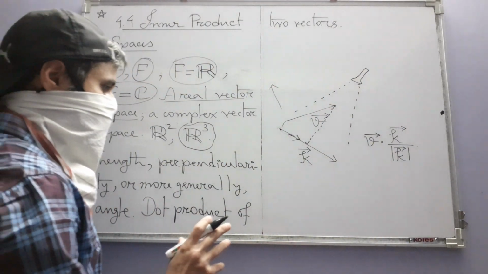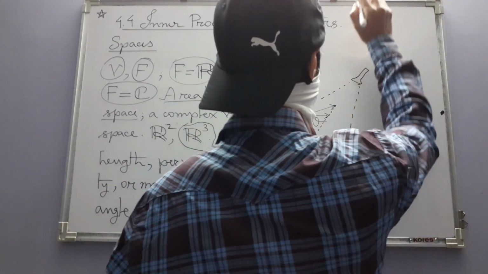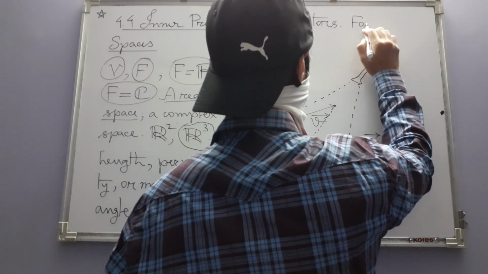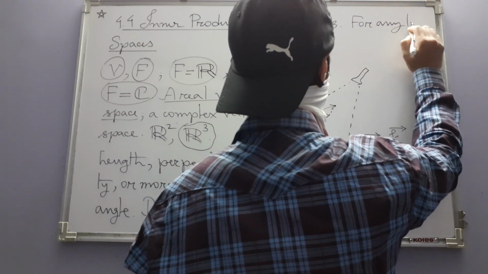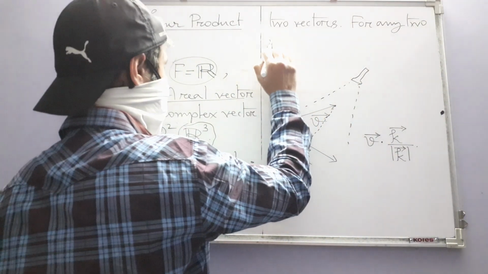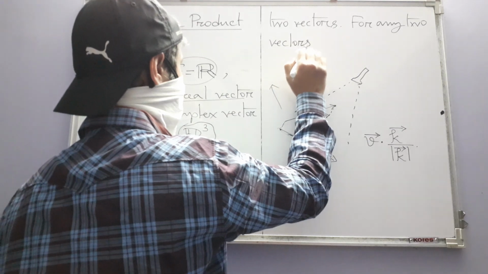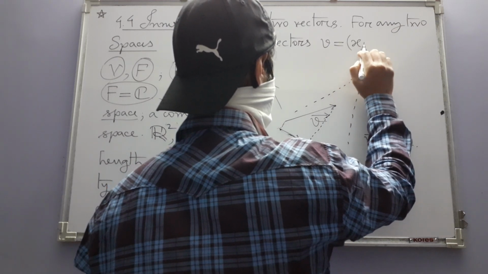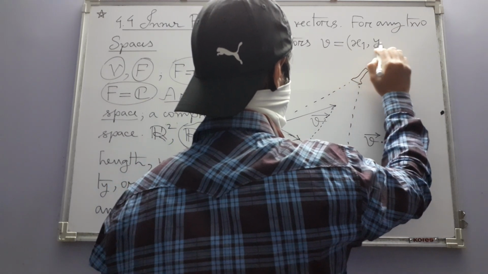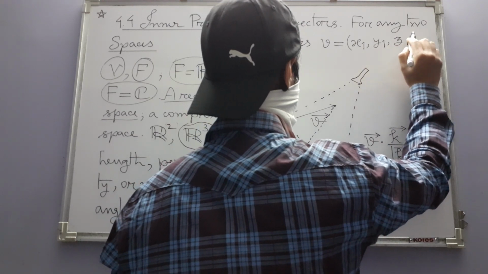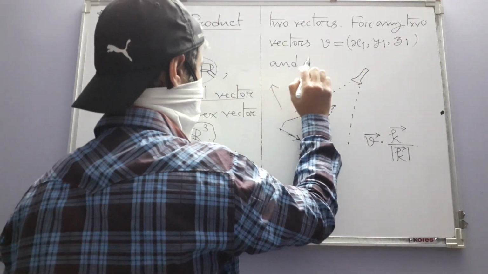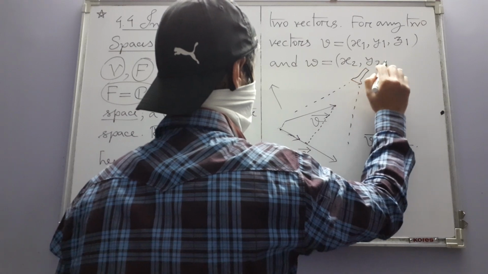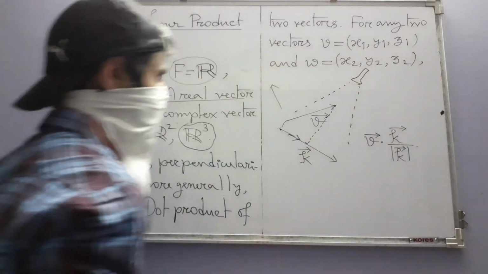Now, our dot product that we know of is defined like this, of course, for any two vectors, say v equal to x1, y1, z1 and w equal to x2, y2, z2.